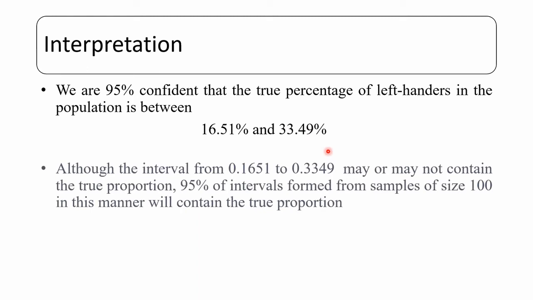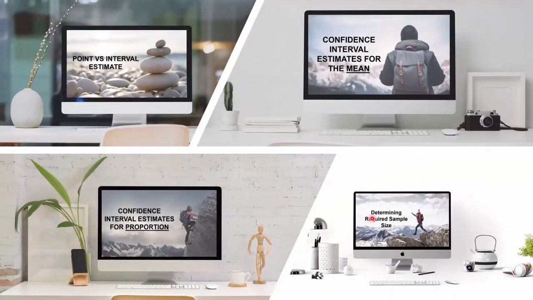A side note, although the interval from this value to this may or may not contain the true proportion, 95% of intervals formed from samples of size 100 in this manner will contain the true proportion, right? So we talked about this perspective as well before in one of the examples.